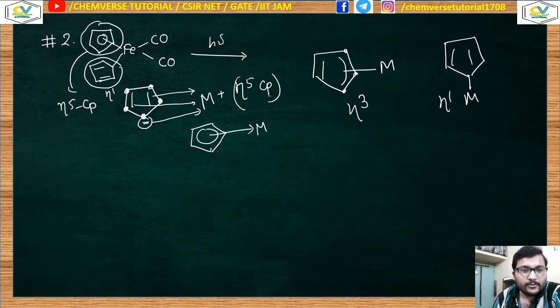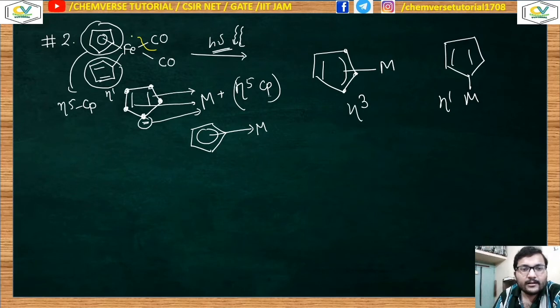Now look at this molecule. H mu means I am supplying energy from outside, so there will be bond breaking or bond dissociation. So in the first step, the first carbonyl molecule gets dissociated.